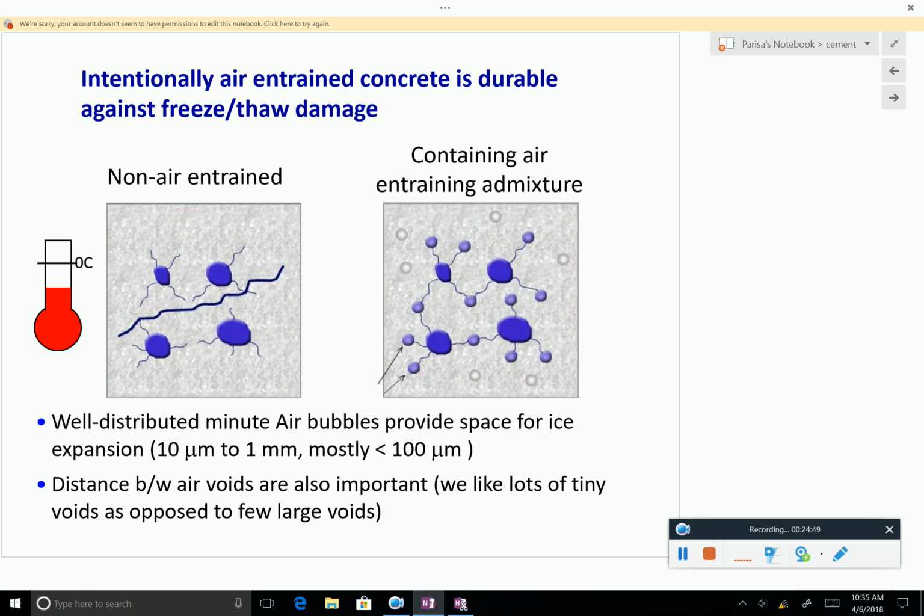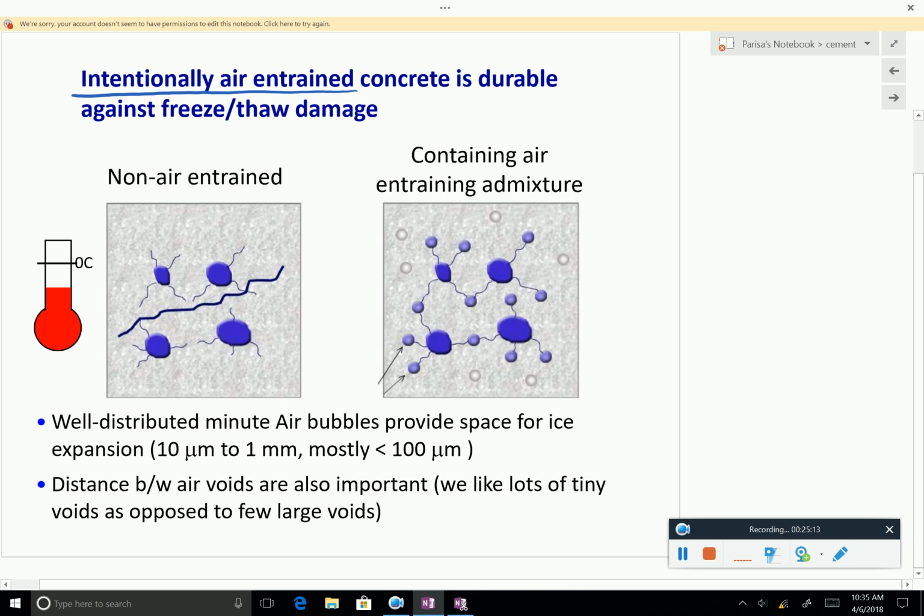So these are the air voids which are naturally occurring in concrete. As engineers, you induce air entrainment. You induce some air-entrained bubbles inside the material.